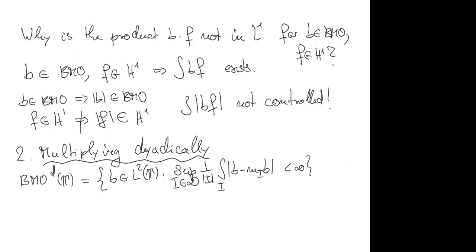And there's also, as the dual, a dyadic version of H1. If you remember the definition of the real H1 space from yesterday, these were just functions in L1 such that the conjugate function, also the Hilbert transform, is also in L1. And here in the dyadic setting, instead of taking the conjugate function, we take the dyadic square function. I'll just write this down. The dyadic square function is the following.